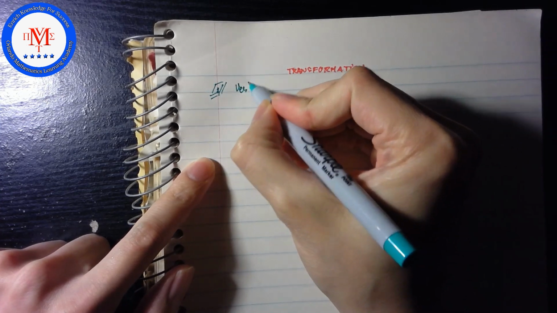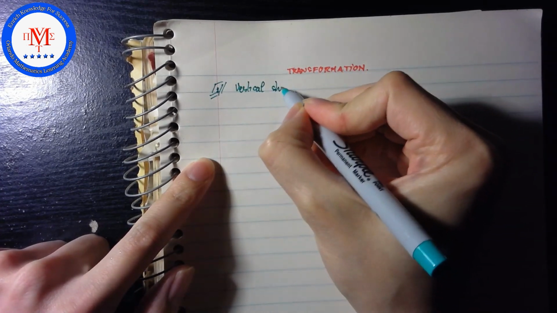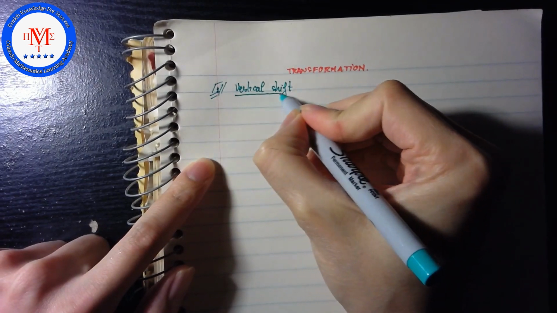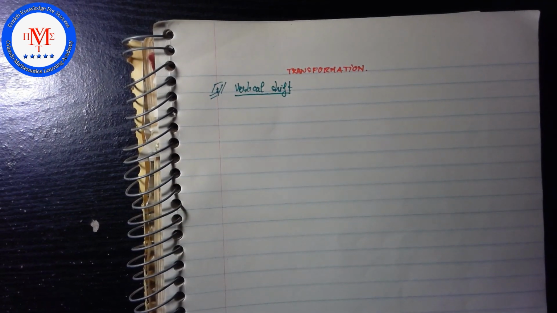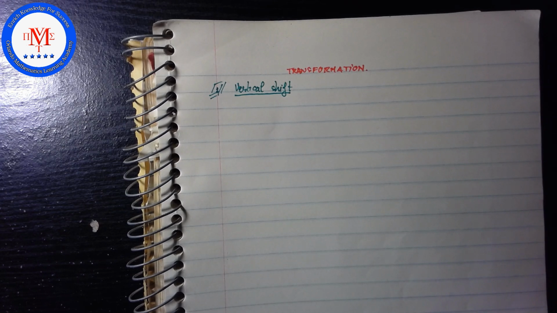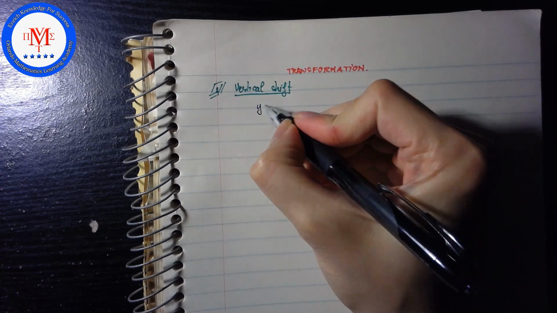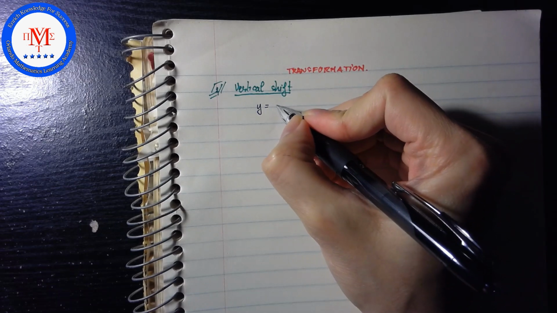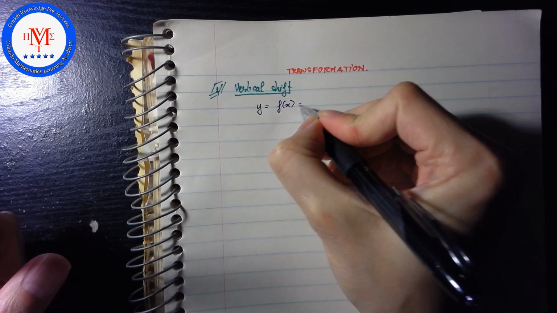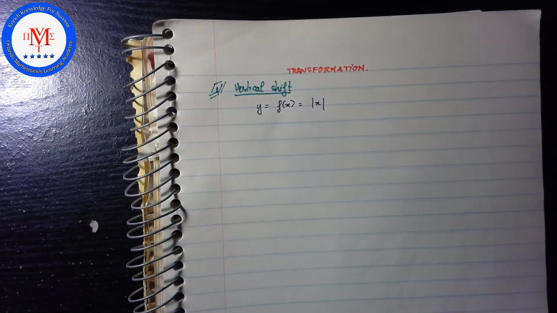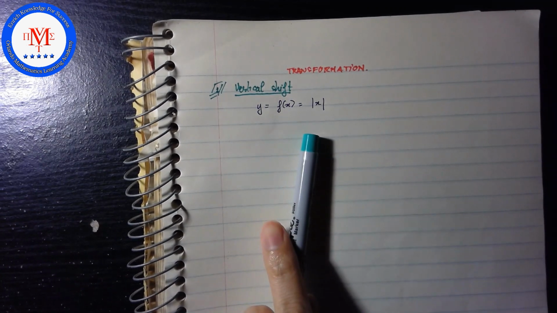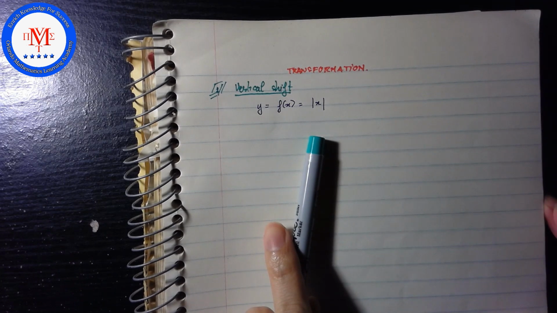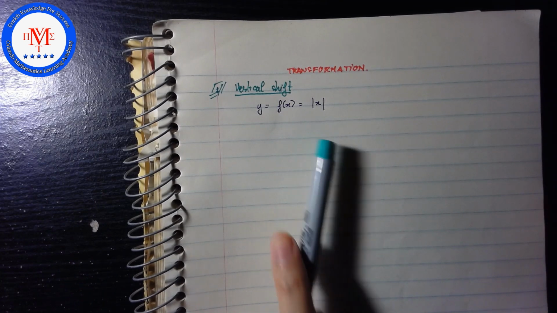And the function we want to shift is the absolute function, y equal to f(x) equal to absolute of x. We want to shift this function up or down by a certain unit.